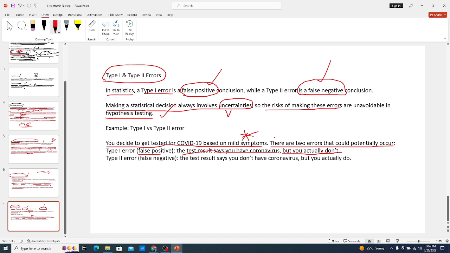Let me take the example of the height of men and women. You might conclude that women are taller than men, whereas the true result is that men are taller than women.